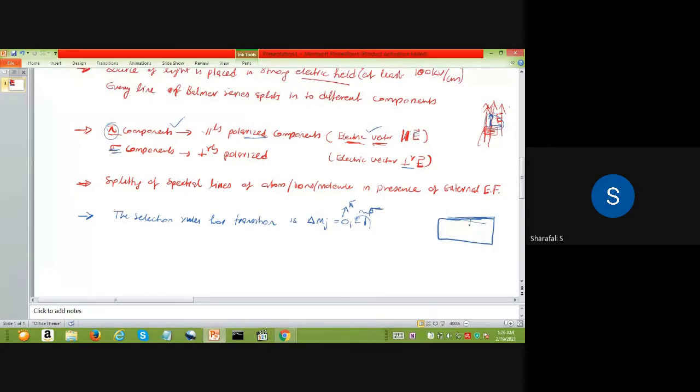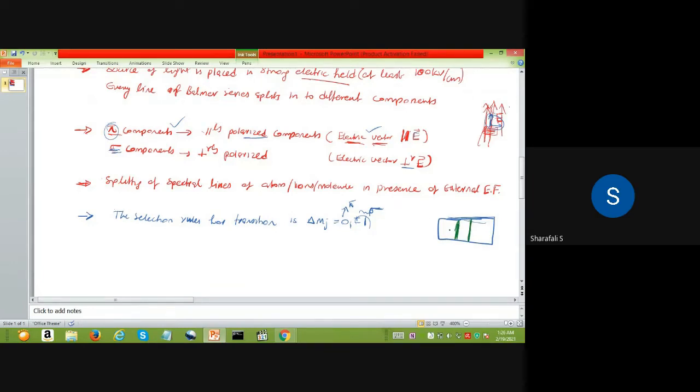Suppose these are the lines which are coming out after application of this electric field. You are getting 2 lines like this, which are green in color, which means that they are having approximately that kind of wavelength. Okay. So in this case, you are getting 2 lines here. Distinct lines you are getting.